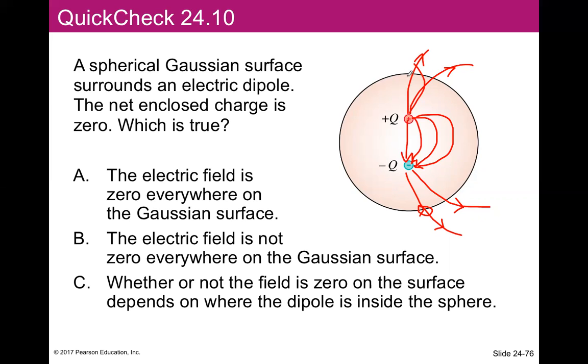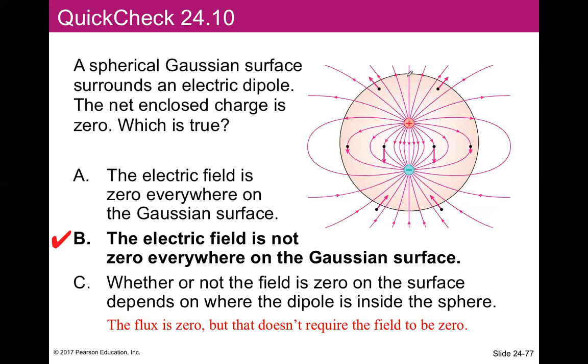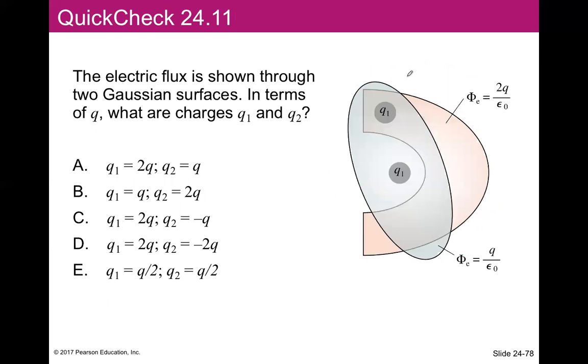Because first the net charge is zero, then this surface holds a zero net charge system, so on this surface, the flux should be zero. So the answer is B. So that's the field line. That's a little bit complicated.